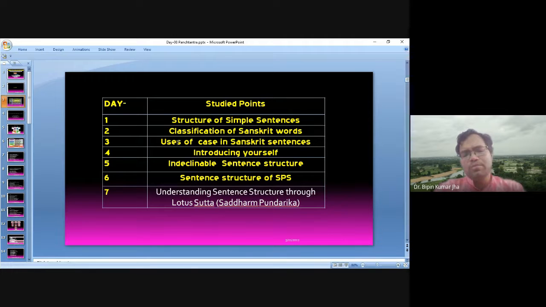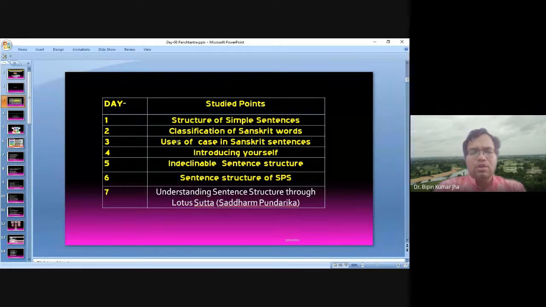So we gave a full lecture on this one. After that, on the 6th and 7th days, we tried to understand the notion of Sadharma Pundarik Sutra, and specifically the important aspect, that is hybrid Sanskrit, or you can say Pali-affected Sanskrit.